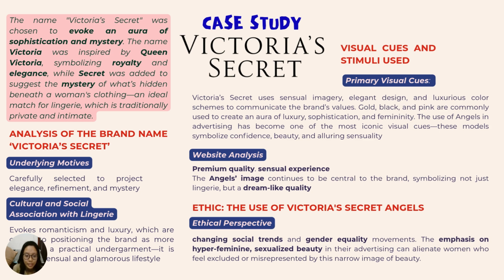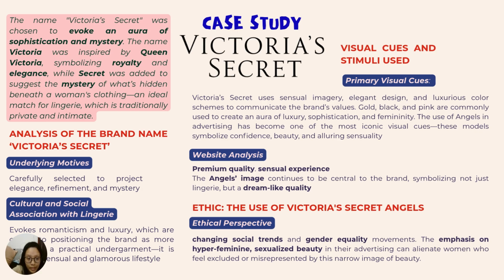The name Victoria's Secret was chosen to evoke an aura of sophistication and mystery. The name Victoria was inspired by Queen Victoria, symbolizing royalty, elegance, and high class, while secret was added to suggest the mystery of what is hidden beneath a woman's clothing, an ideal match for lingerie, which is traditionally private and intimate.